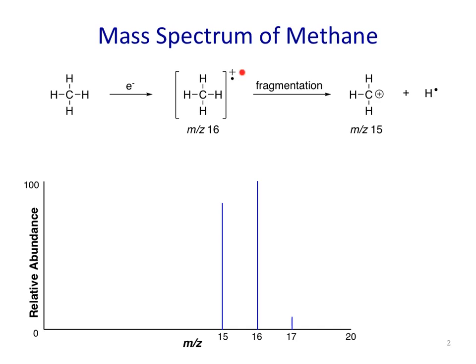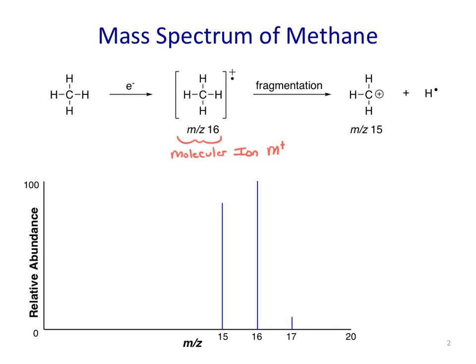So we get this structure right here, with the notation at the top showing the radical and a cation. This is called a radical cation, and this is methane that's had an electron removed. This species is called the molecular ion, and it corresponds to the mass of the molecule.